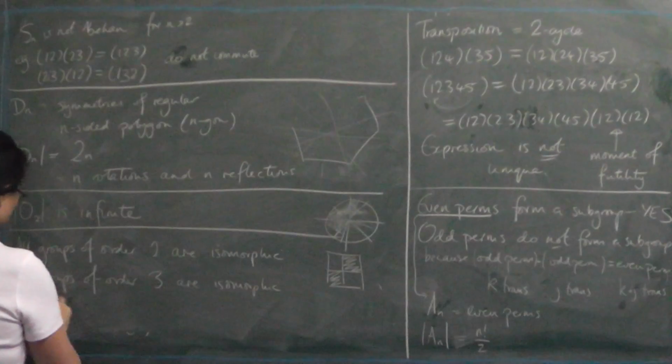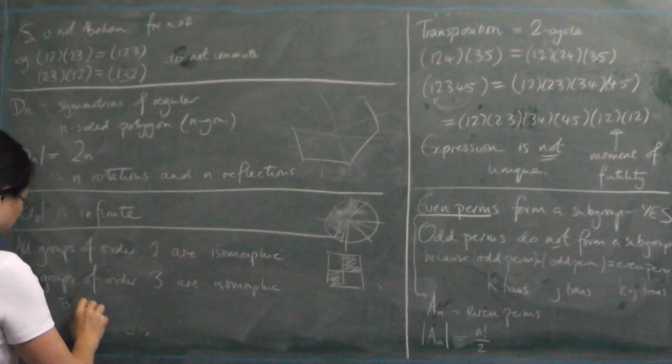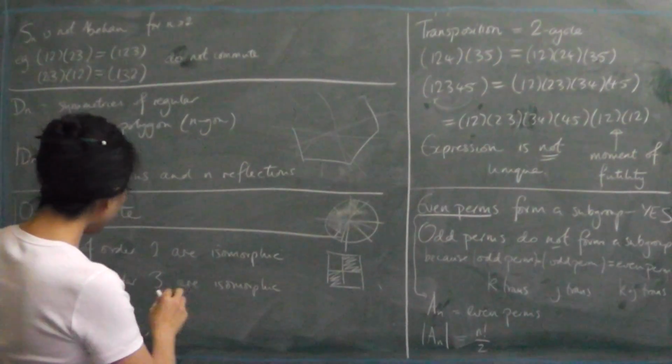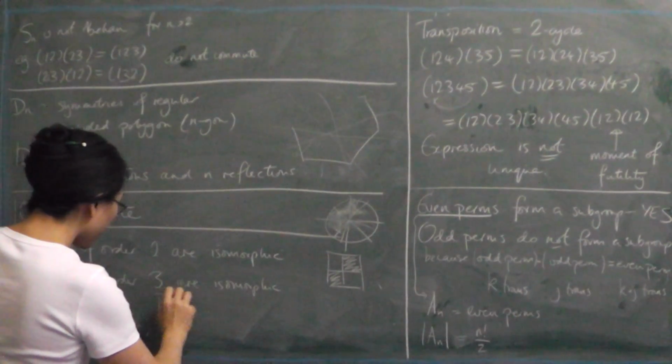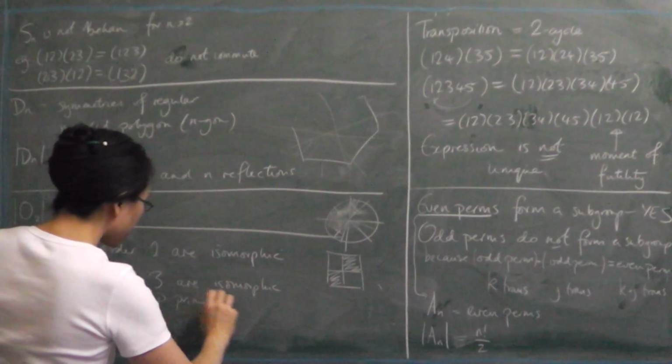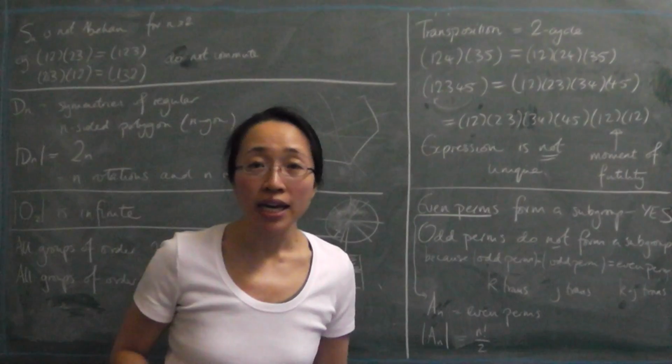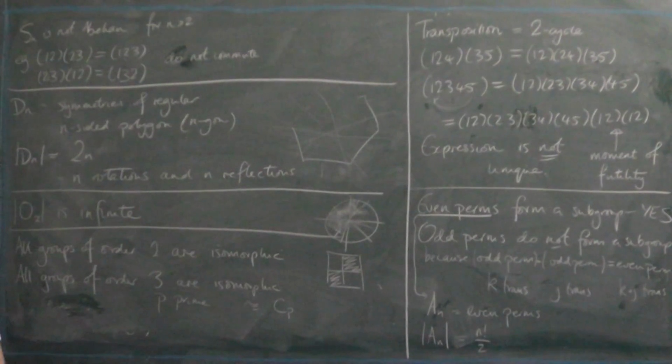And so also all groups of order P prime are isomorphic because they're all isomorphic to the cyclic group of order P. That's something we're going to show later.